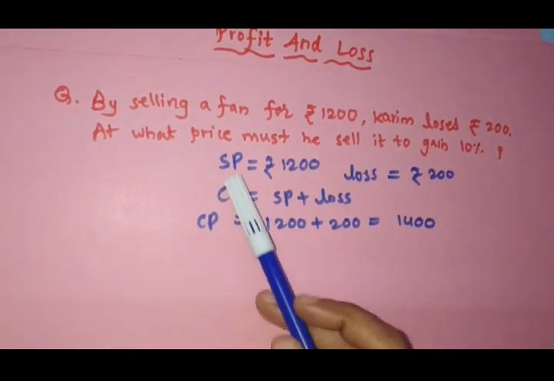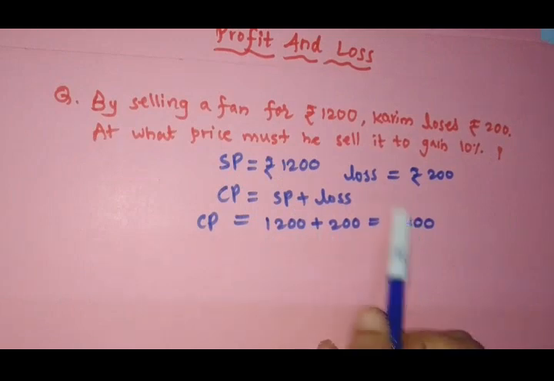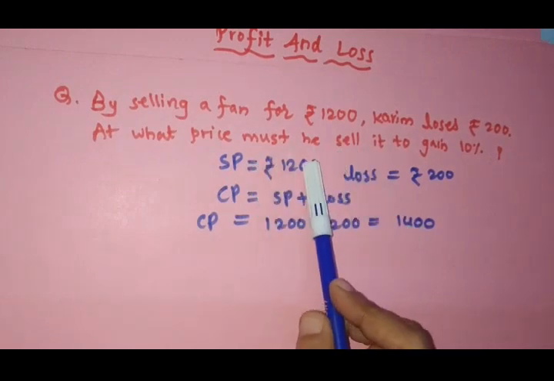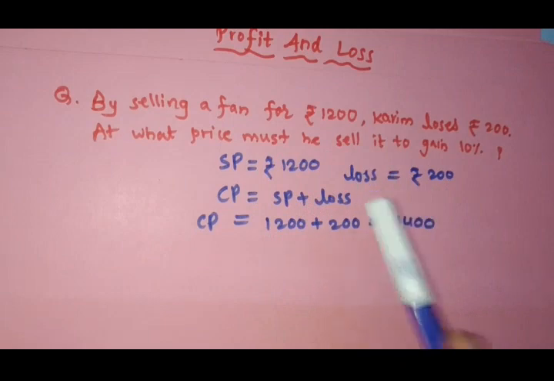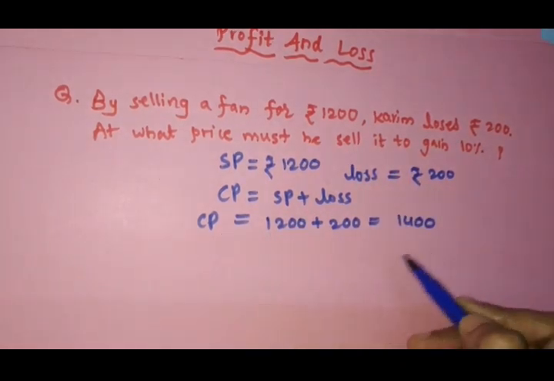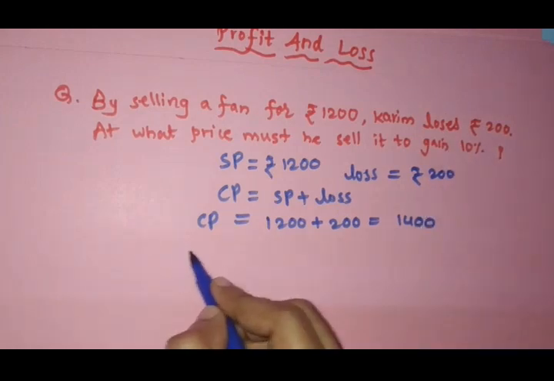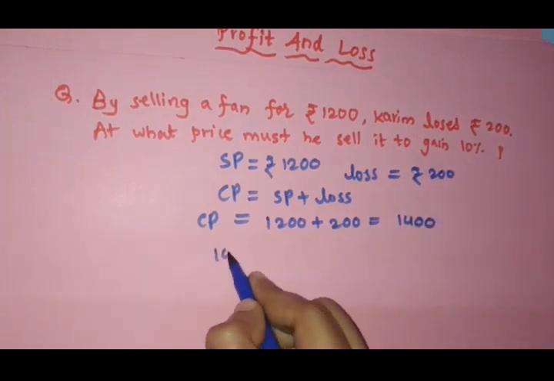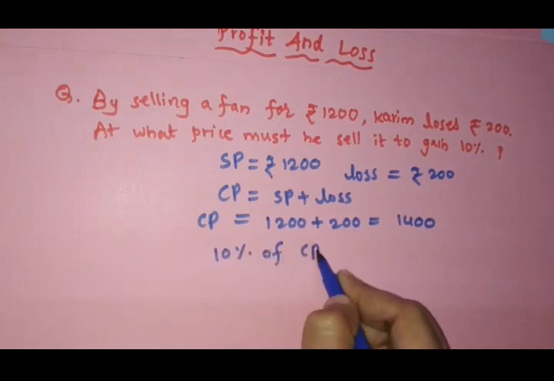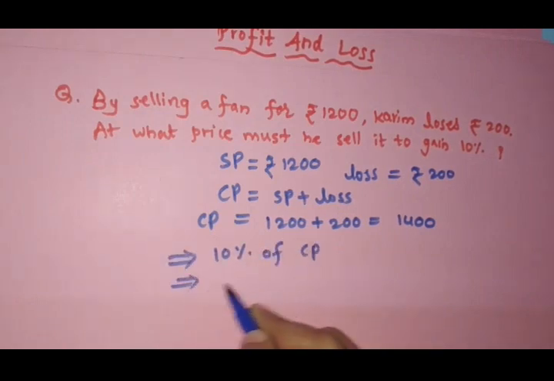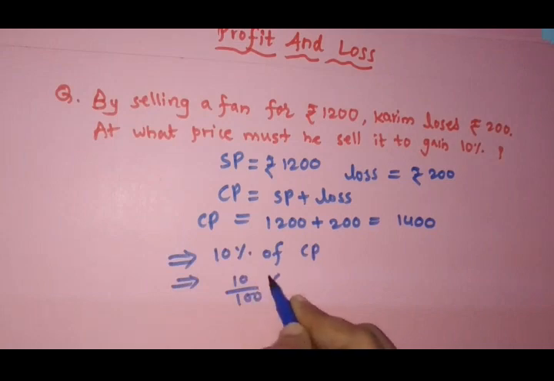So here cost price was 1400 and he sold it for 1200, so he got a loss of 200. Now we need to sell this article at a new price so that we can get a 10% profit. So we'll find 10% of our CP, which is nothing but 10% of this 1400.